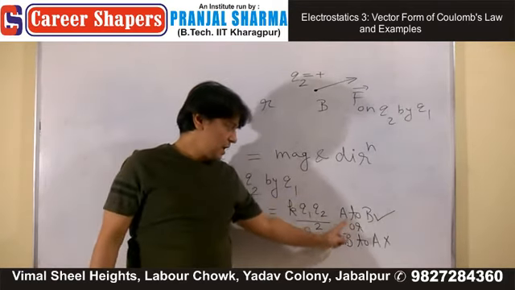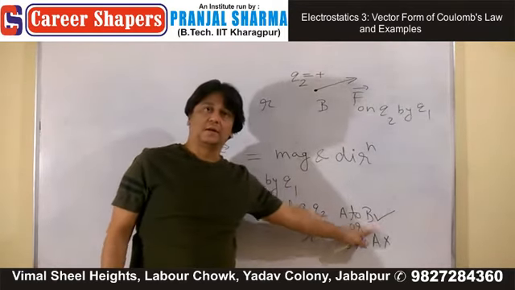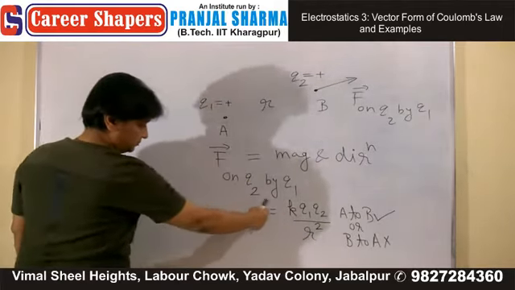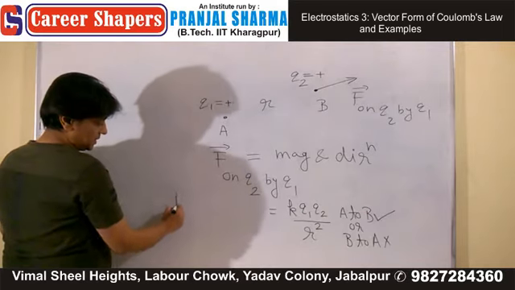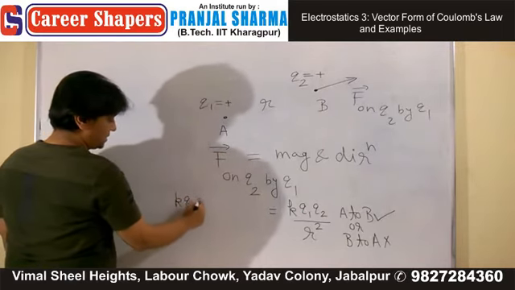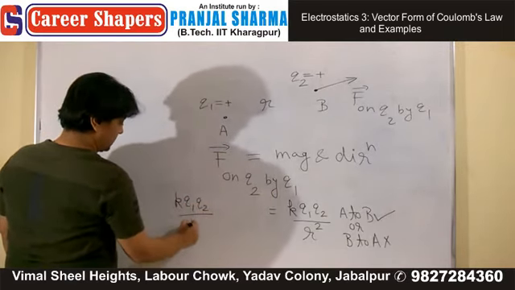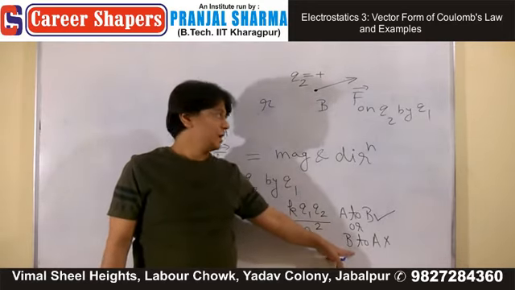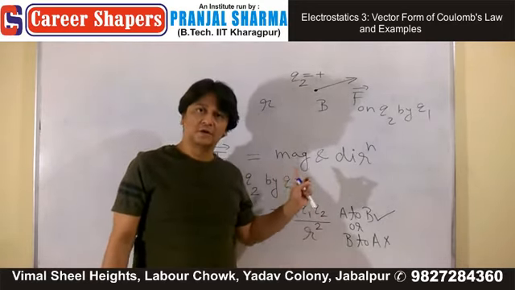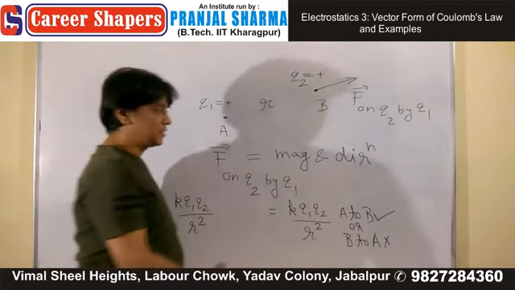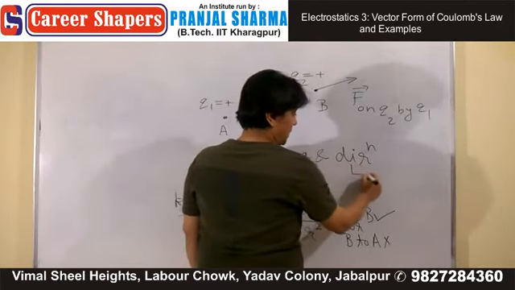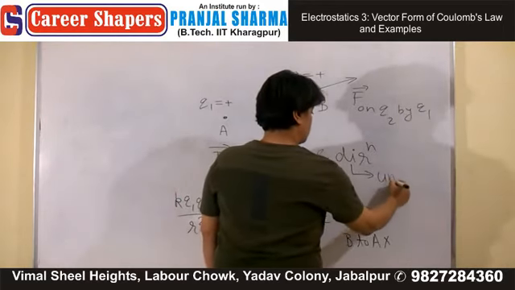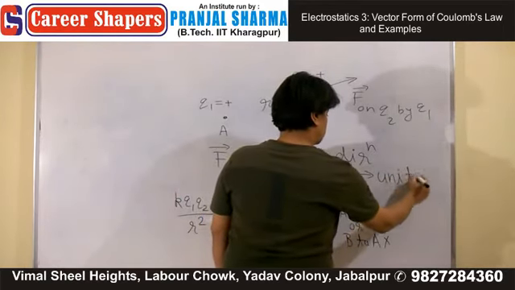Now, A to B. The way directions are represented, we do not write A to B or B to A. In vector form, directions are defined with the help of unit vectors.